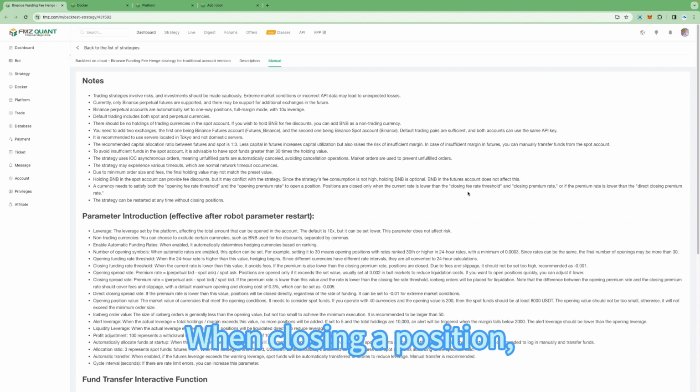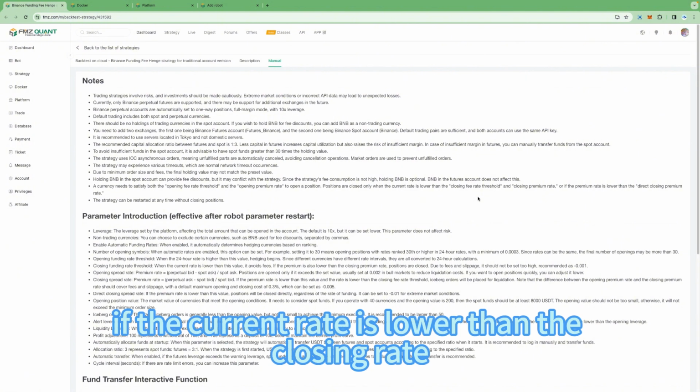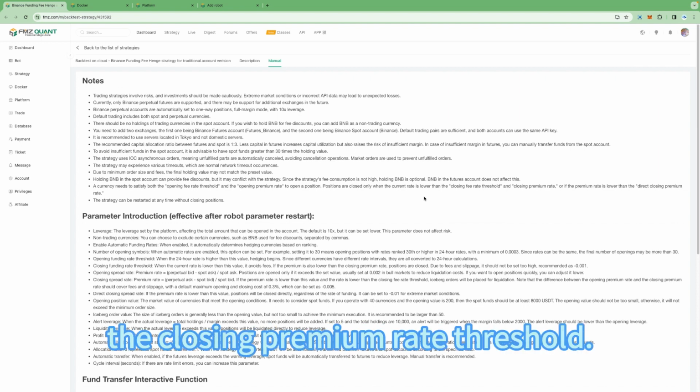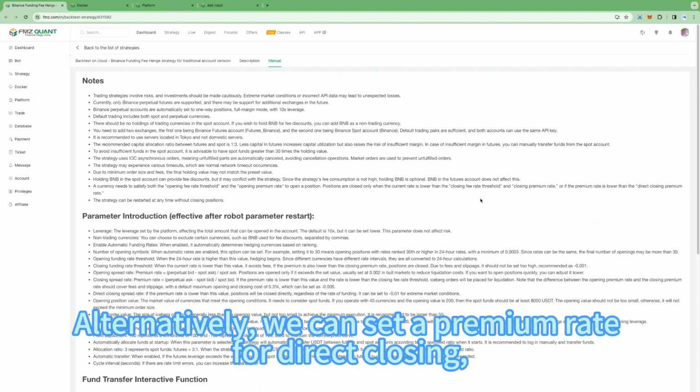When closing a position, the position will only be closed if the current rate is lower than the closing rate threshold and the closing premium rate threshold. Alternatively, we can set a premium rate for direct closing.